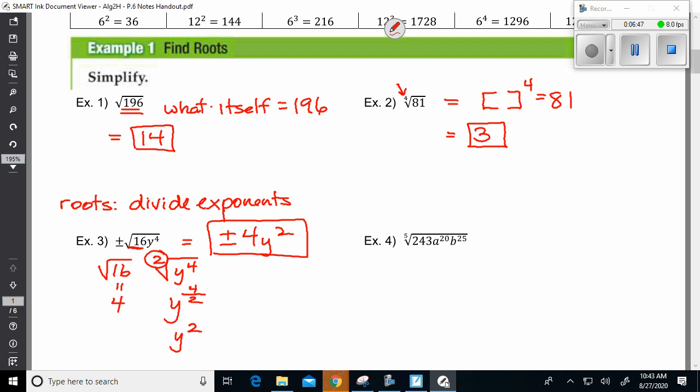So in the case of problem 4, we're doing the exact same thing. You have a fifth root. First off, you have the fifth root of 243. So you're looking for what number to the fifth power will give you 243. That's 3. After you take care of the number, then you take care of the variables.